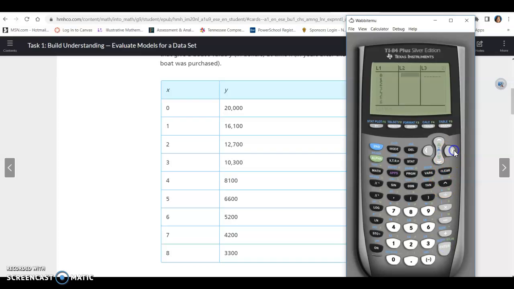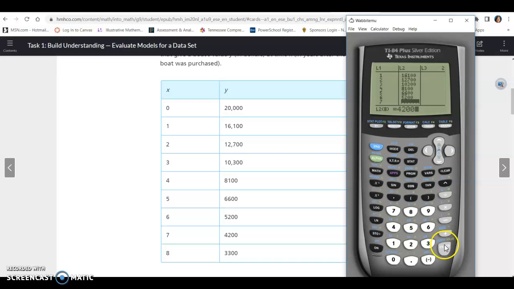Now I'm going to move over to L2 and enter the other column here. So 20,000, 16,100, and again, be careful to make sure the numbers are entered correctly.